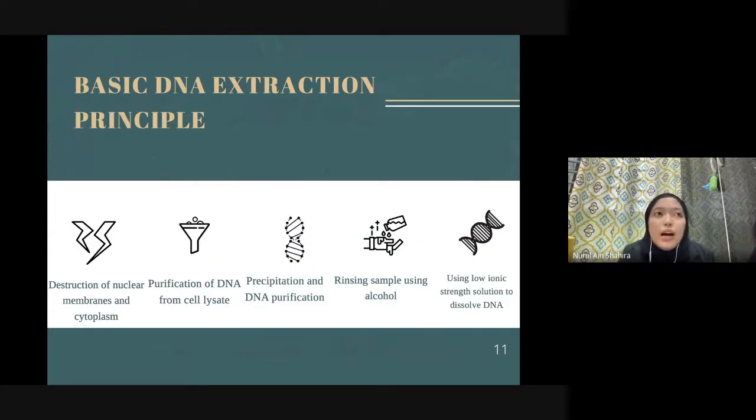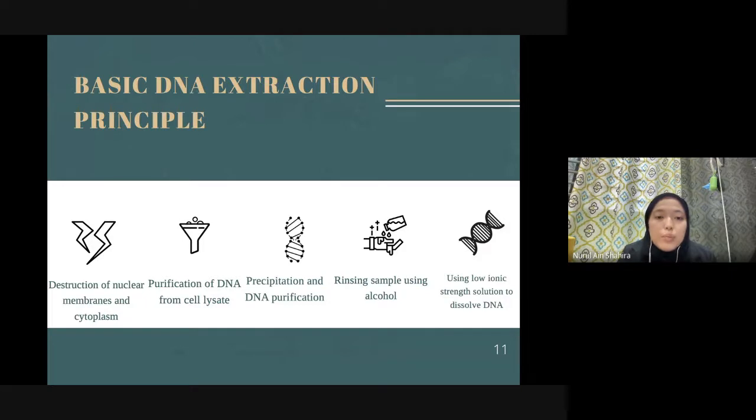When determining genetic issues in molecular study, the DNA extraction method should follow basic principles. The first one is destruction of nuclear membrane and cytoplasm, which can be done by physical, chemical, and also enzymatic treatment.